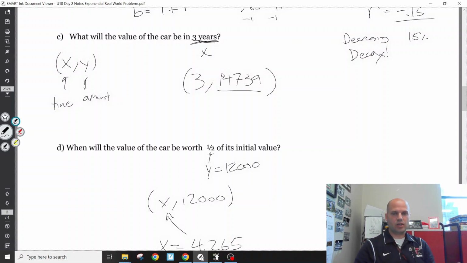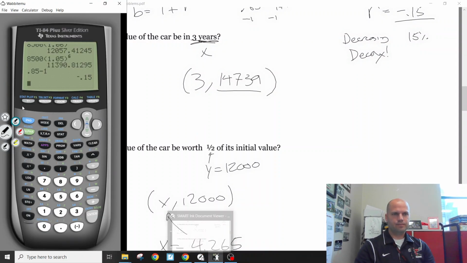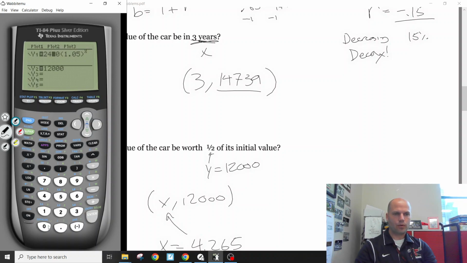If you'd like to do this using your graphing calculator, start out with your graph, 24,000 times 0.85, sorry, to the t. Let's clear this, though we'll need it. Let's zoom fit, which is zoom 0.